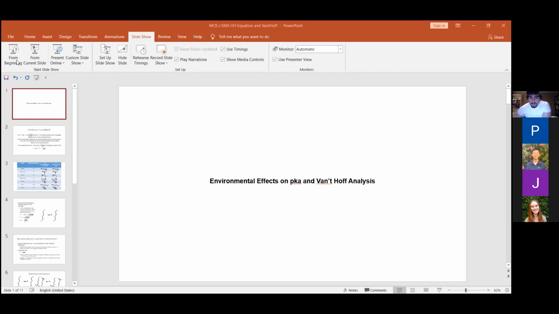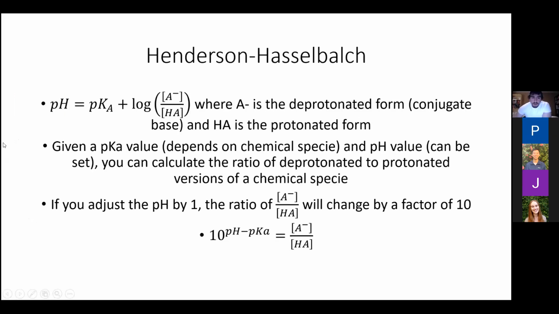So I'll be presenting on the environmental effects of pKa and van 't Hoff analysis. The main equation to think about is the Henderson-Hasselbalch equation, which you might have been taught in general chemistry.